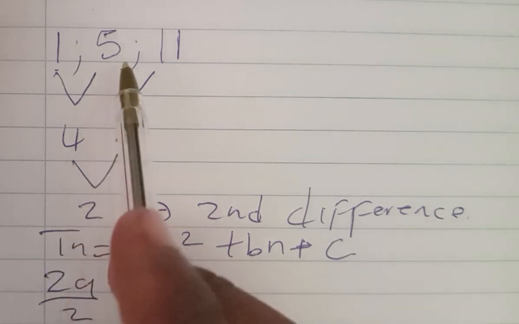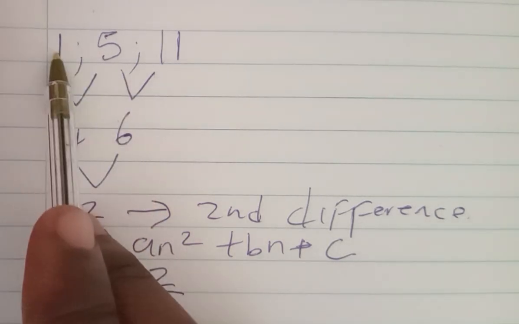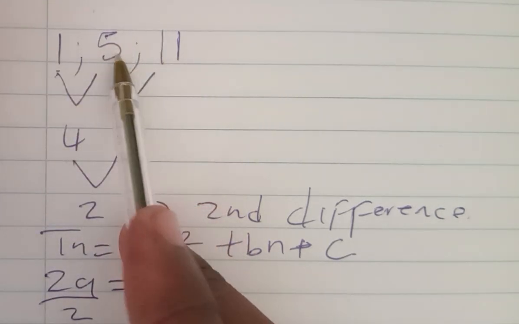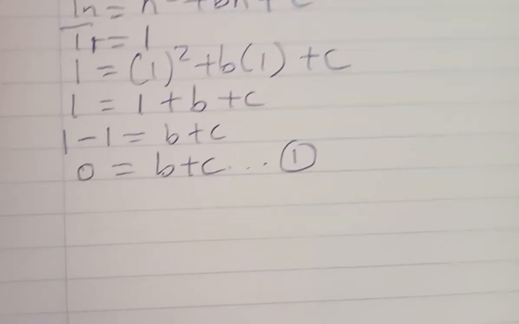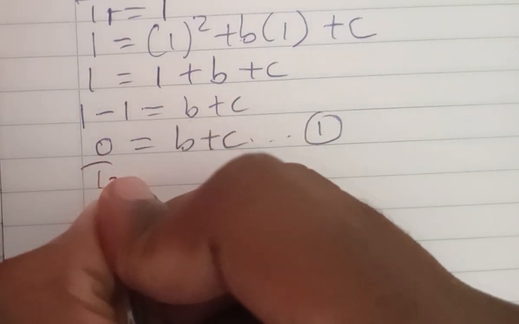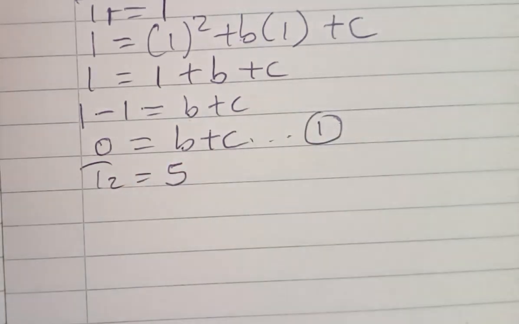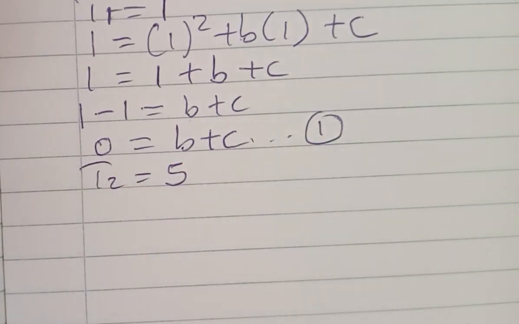For the second equation, I will have to use T2, and our T2 is 5. Remember, it's term number 1, term number 2, term number 3. So I will say T2 is equal to 5. Same here: where I see n, I will substitute 2. Where I see tn, I will substitute 5.